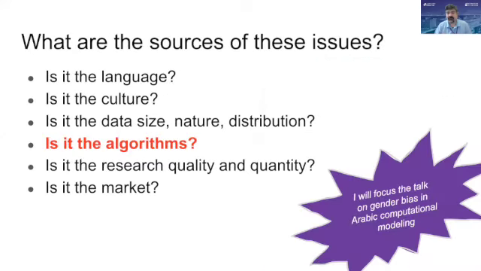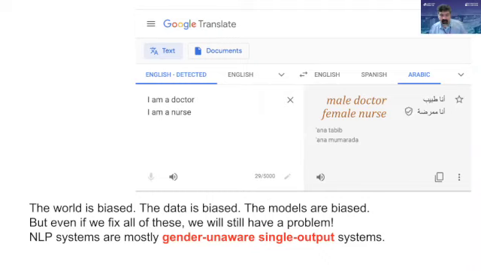And this gets us to the algorithms, right? And it's really complicated. Not the algorithms, but the situation of even fixing the algorithm is complicated. I'll show you, going back to the example that we started with. So I'm a doctor, I'm a nurse, أنا طبيب أنا ممرضة. Say the world is biased, the data is biased, the models are biased.